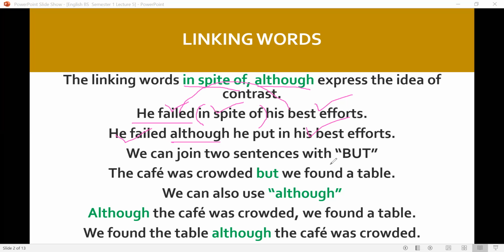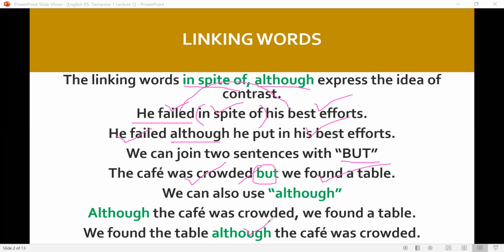We can join two sentences with but. The cafe was crowded, but we found a table. Although it was crowded, we were able to find a table. We can also use although instead of but. Although the cafe was crowded, we found a table. We found the table, although the cafe was crowded.